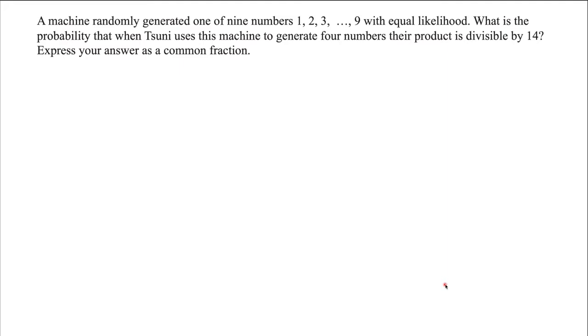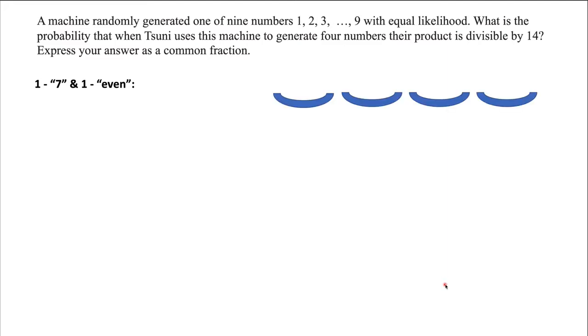All right, let's do counting now. First, we're going to count only the cases when we have just one 7 and one even number. We have 4 positions for 4 numbers. First, we want to put a 7 somewhere. There are 4 positions, so we can put the 7 in 4 ways.